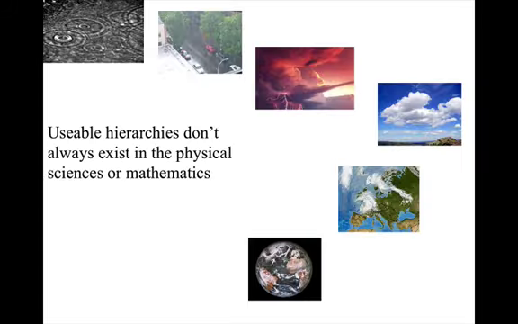So the big question is, can we find or define a hierarchy of descriptions that we can use to understand the human brain? But it's not obvious that the answer is necessarily yes. Even in the physical sciences, it's not always possible. As an example, think about the problem of predicting the weather.